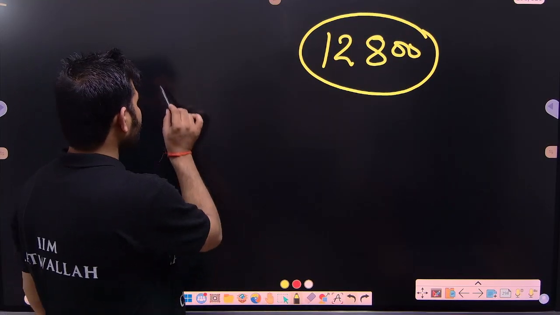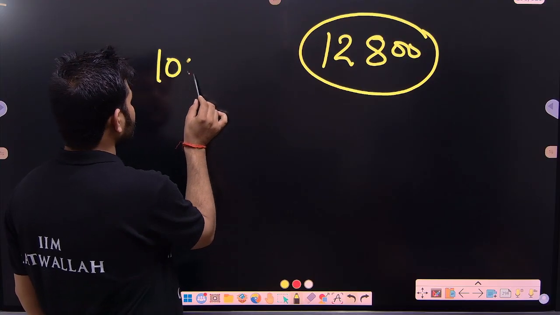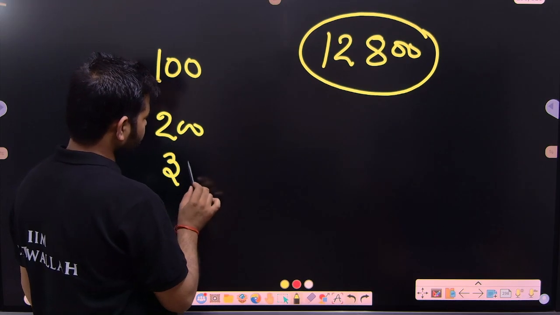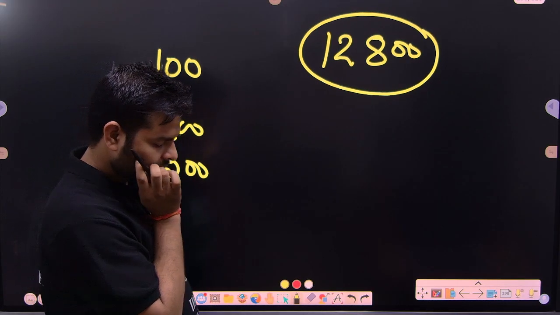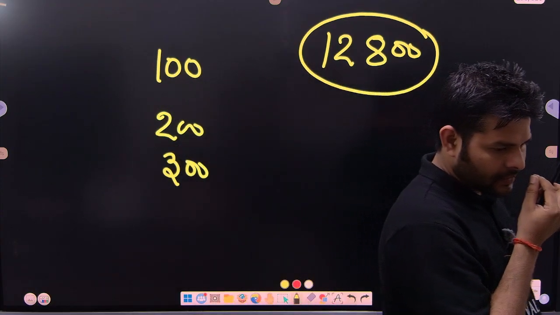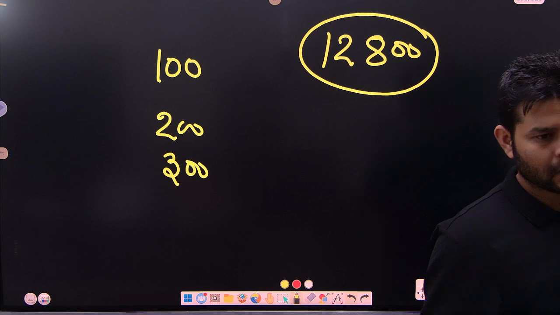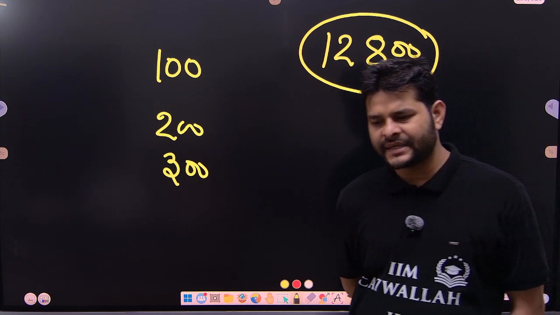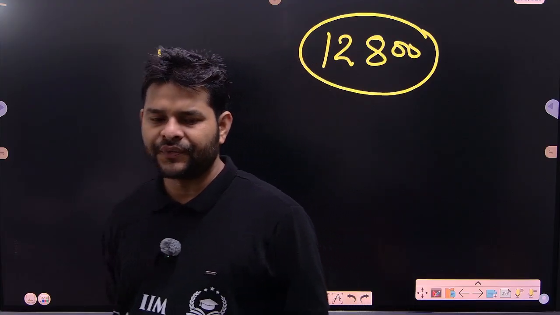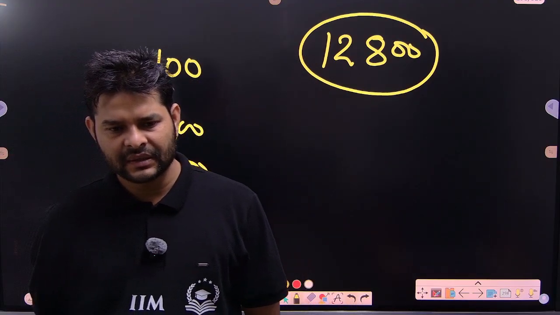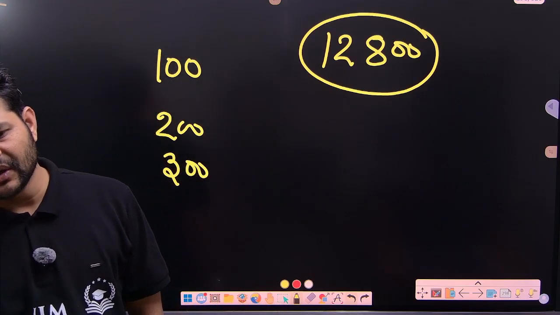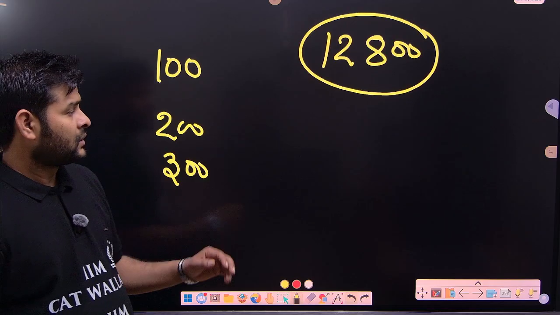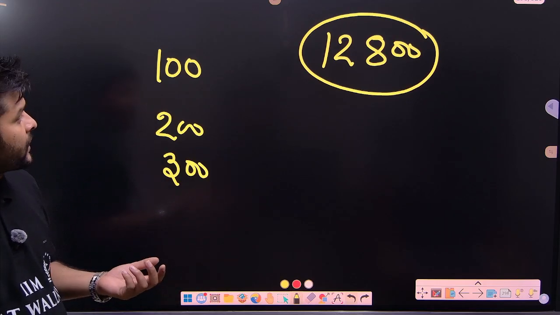First installment I pay 100, second installment I pay 200, third installment I pay 300 according to the question's condition. The question says the first installment is half of the second and 1/3 of the third. We can consider any value.